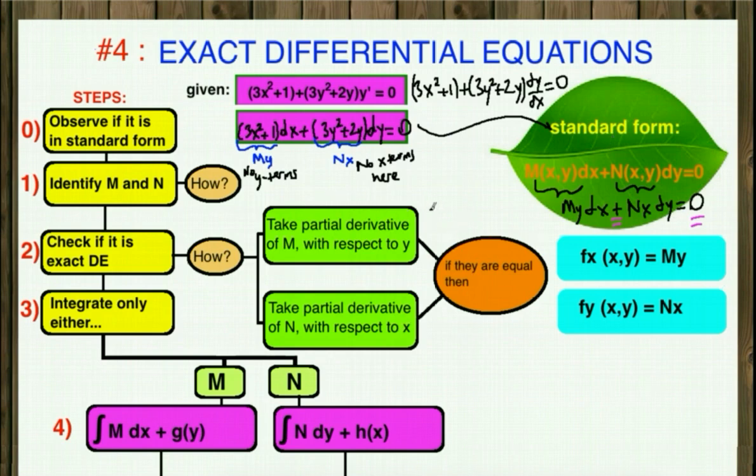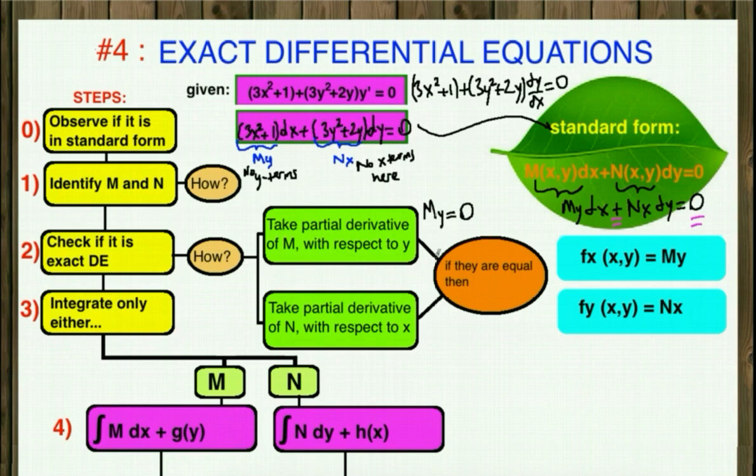So the partial derivative of 3x² + 1 with respect to y is 0, because we don't have any y term here. This is constant, so My is 0. And the partial derivative of N with respect to x is 0 again, because we have no x term here.